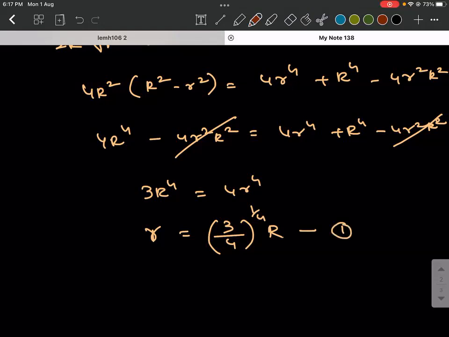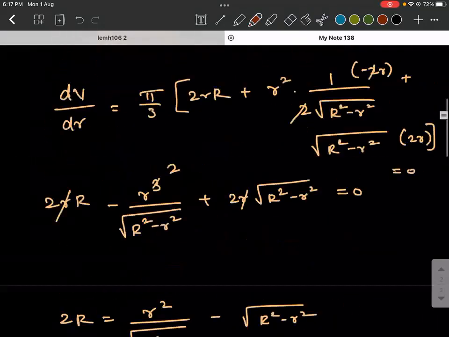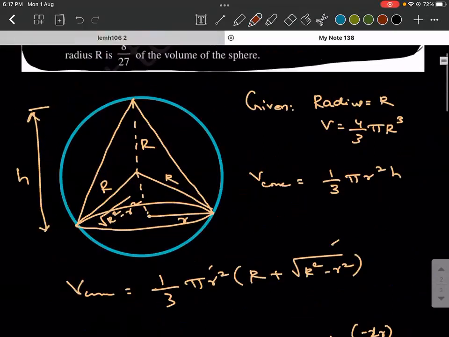So what is the volume of the cone? Volume of cone. So what is the maximum volume of the cone?